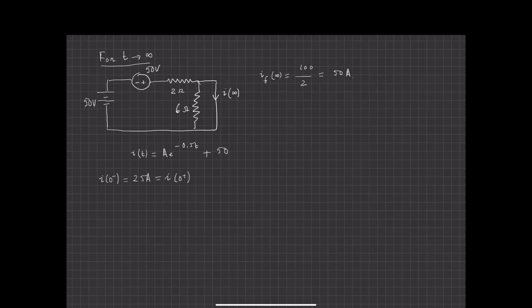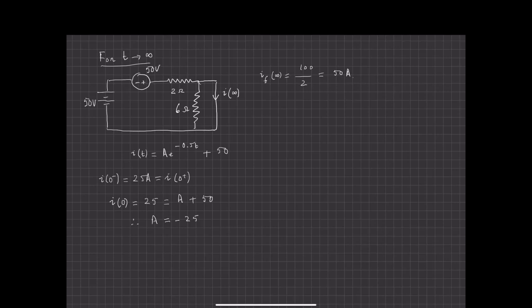So therefore, I now substitute this fact that I at 0 plus, or I at 0, it doesn't matter, I at 0, which is 25, is equal to A, because the exponential is 1, plus 50. Therefore, A equals minus 25.